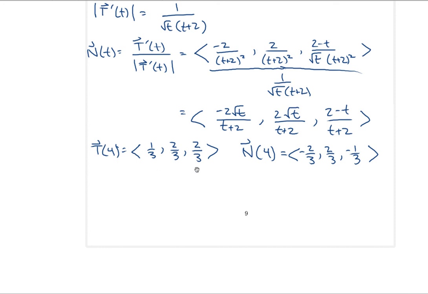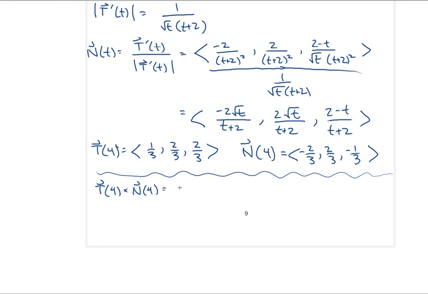So the normal vector for our plane, which by the way is that thing we called the binormal vector, right? It's the cross product of these. So I'm going to take the cross product of these two vectors.